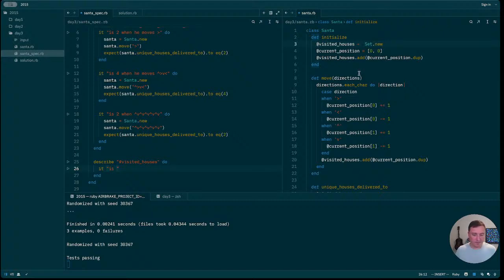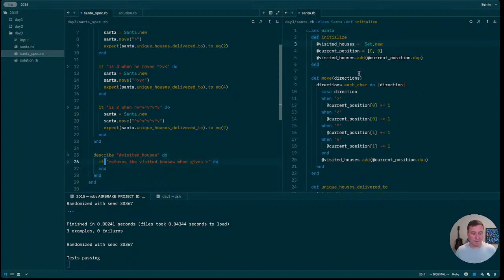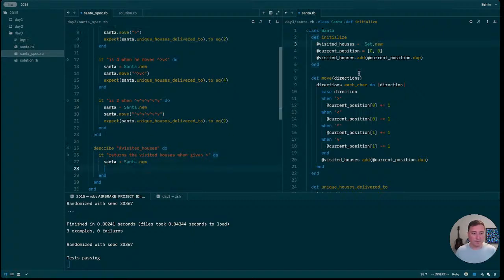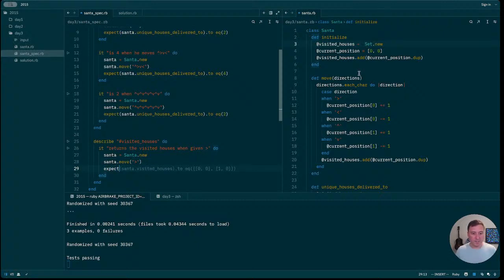So it returns the visited houses when given the right arrow, move east. Santa equals Santa.new, Santa.move east, and then expect visited houses to equal that and that.